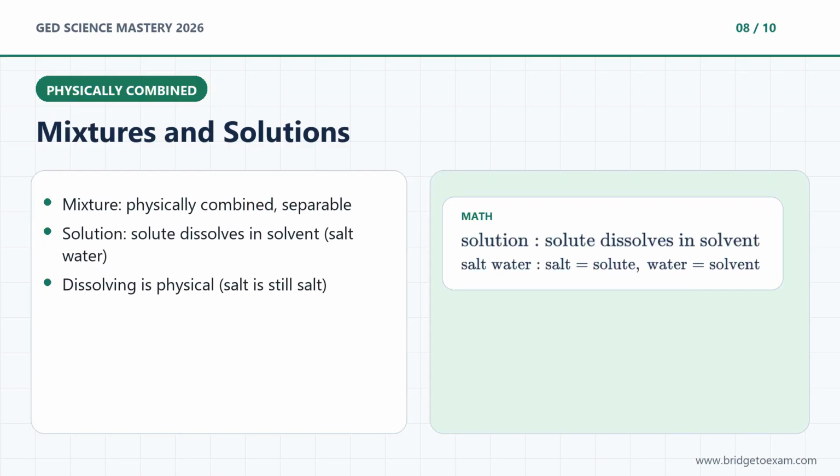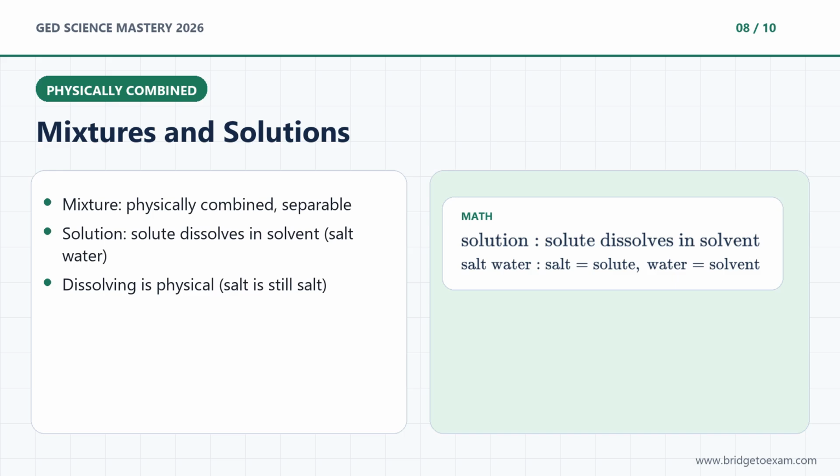Last idea: mixtures and solutions. A mixture is 2 or more substances physically combined, and they can be separated again by physical means like filtering or evaporating. Air and salt water are both mixtures. A solution is a special mixture where one substance dissolves evenly into another.